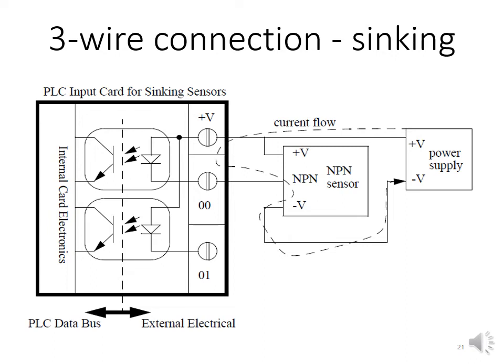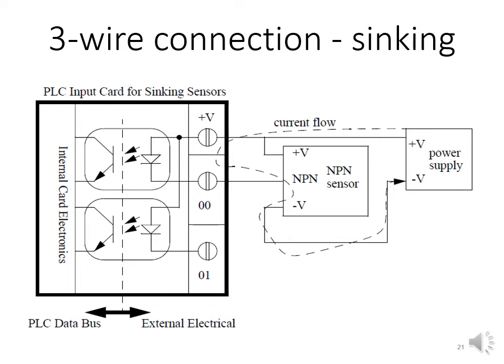This connection creates a current loop that runs from the positive power supply terminal through the positive point on the PLC input card, and from there through the internal circuitry of the PLC input card, where it is going to be detected and interpreted accordingly.